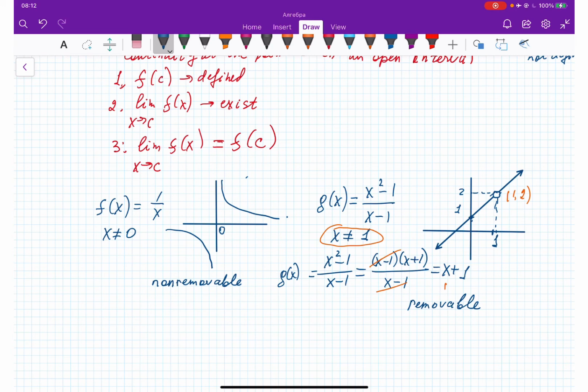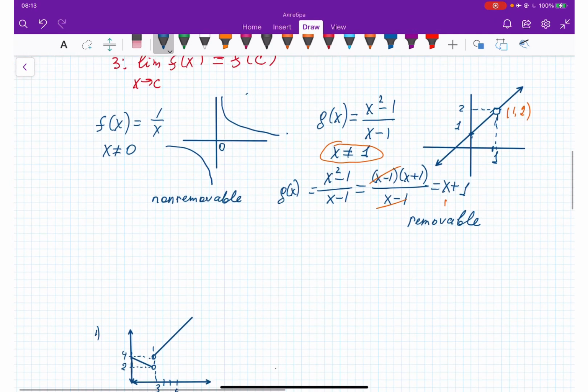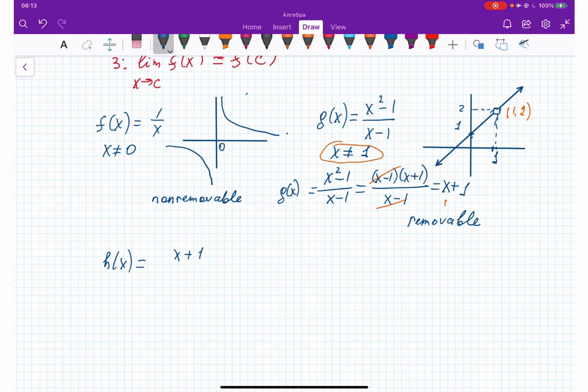And the other one, let's see. I'm going to use h of x equals x plus 1, where x is less than or equal to 0, and x squared plus 1 when x is greater than 0.